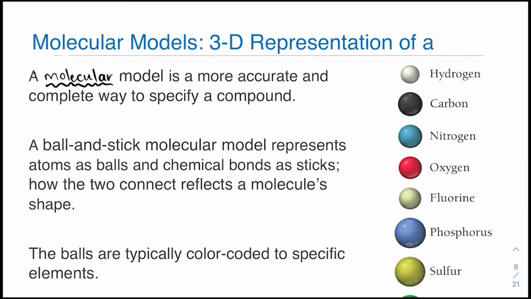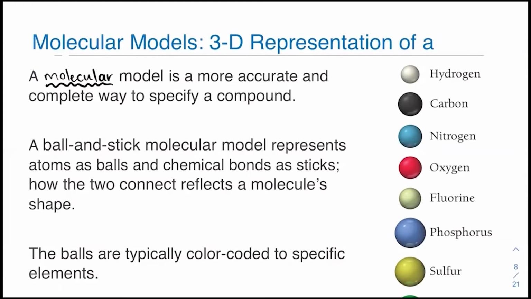It's very interesting to see how the actual structure looks in 3-dimensional space. The ball and stick model represents atoms as balls. We do that because the smallest surface area shape is a sphere, and we can think of all of our atoms as little spheres.